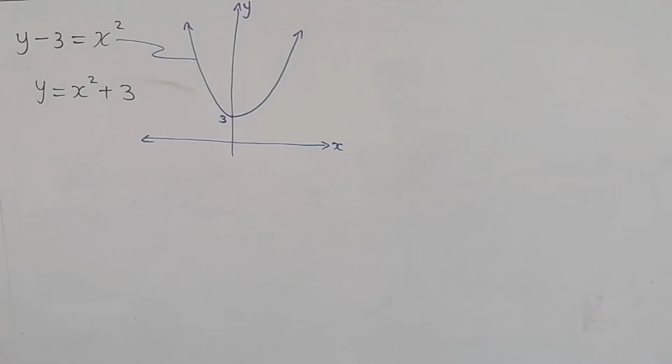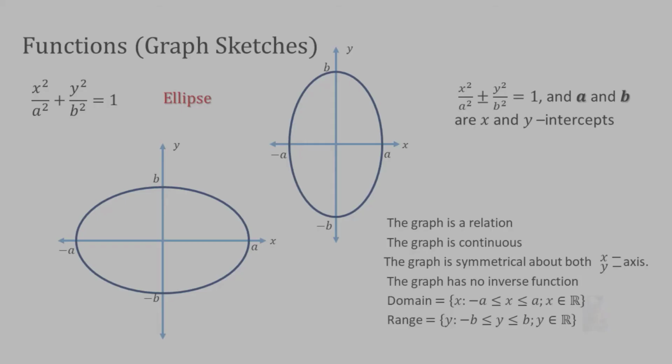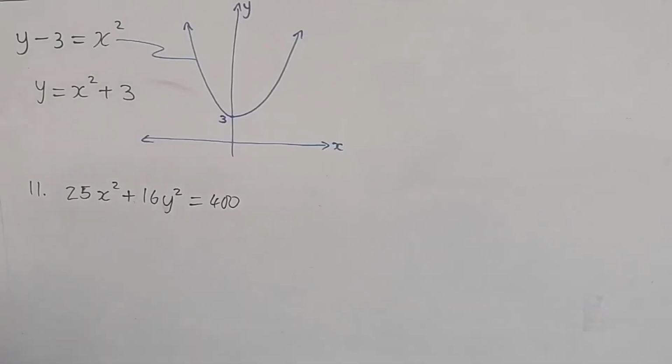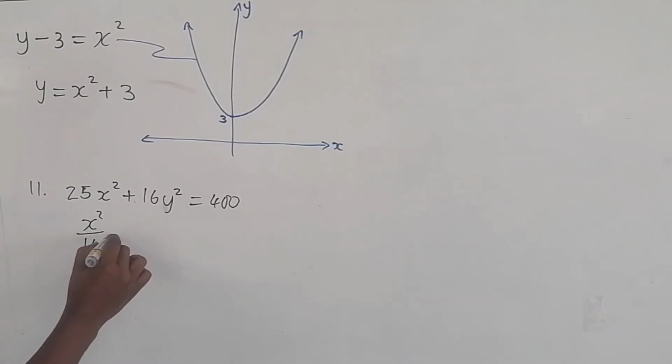Sure. Now we are asked to sketch the graph of 25x squared plus 16y squared is equal to 400. Since we have plus, now we know that this is an ellipse. An ellipse and a central hyperbola are similar to each other.